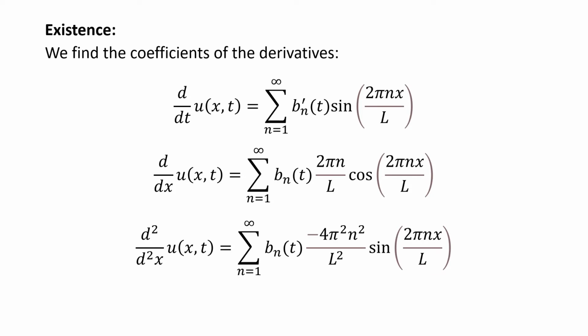We can just easily read off the coefficients now. For example, the first time derivative can be represented by a Fourier sine series, and the coefficients are b prime n of t. And similarly, we will use the second derivative of u in x, and that again can be used as a Fourier sine series, where the coefficients are b_n(t) multiplied by negative 4 pi squared n squared over L squared.